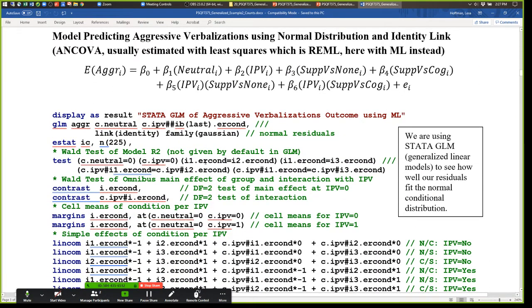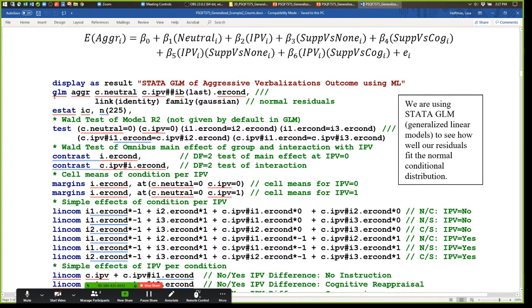So first model to compare with, let's just pretend it's normal, because that's what I know how to do. So here's my model. I'm using GLM, with link identity, family Gaussian. That's what you know of as general linear models.